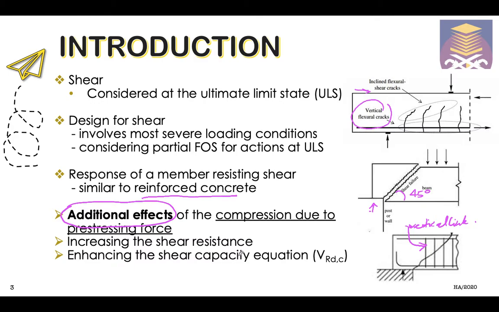So as for the design of shear, it will add up to the value of the shear capacity, which is the value VRd,c. This value VRd,c is going to use a similar equation to what we have used previously in the reinforced concrete design. So we are going to learn back on how to calculate these values, and we are going to add this additional effect.